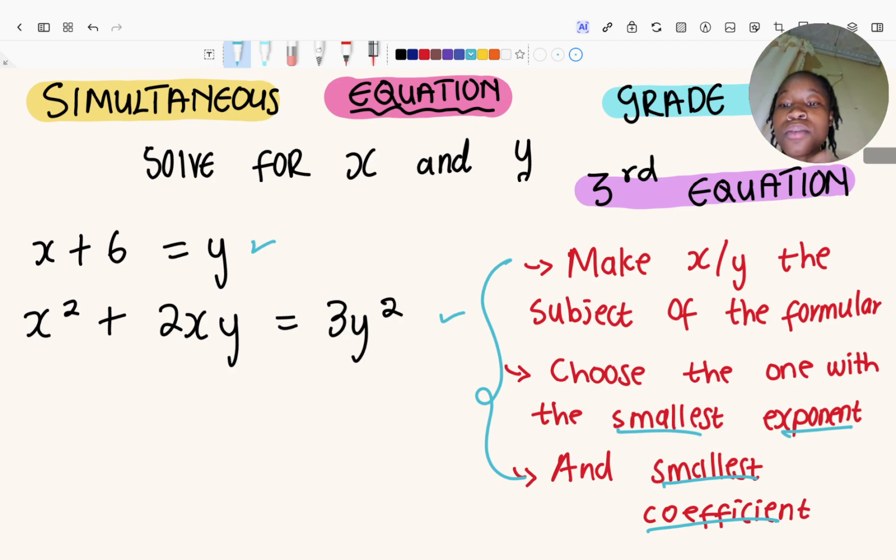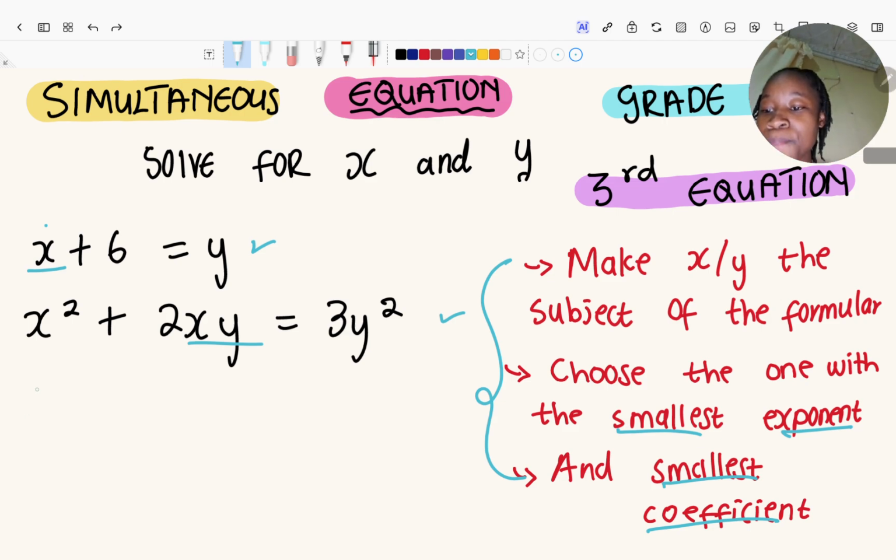So let us look at the one with the smallest exponent. We have this x here, and we also have this x and this y here. They have the smallest exponent, but which one has the smallest coefficient? It is this one. Sorry for making it ugly, but it's that one. So that means we're going to use that x and make it the subject of the formula. Simple as that.